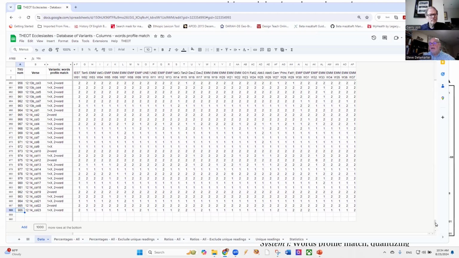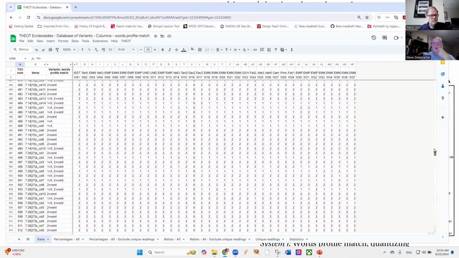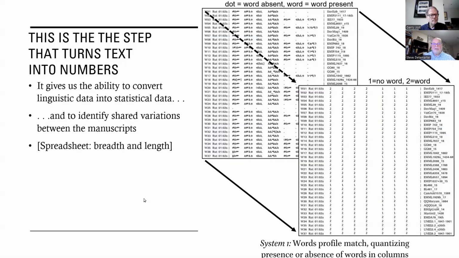Everything that needs to be known about the textual history, at least as it's reflected in our sample, is in this spreadsheet. It's all in here, all these ones and twos, and it's the patterns of ones and twos and how they relate to one another that is going to be the foundation of where we can go from this. But the thing to note here is that we turned linguistic data into statistical data right at this point, and that's how we did it.